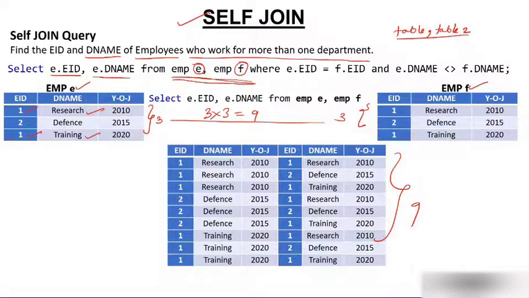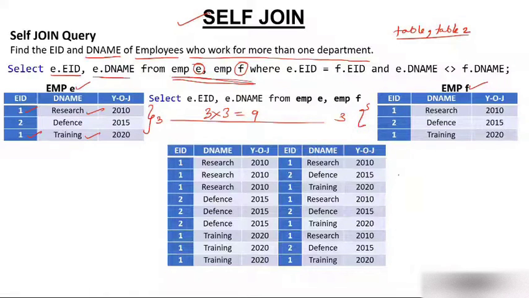First, 1 research 2010 will have a combination with all these three. Then 2 defense 2015 will have a combination with all the three. Then 1 training 2020 will have a combination with all the three. Fine. Okay, so your first task is done.